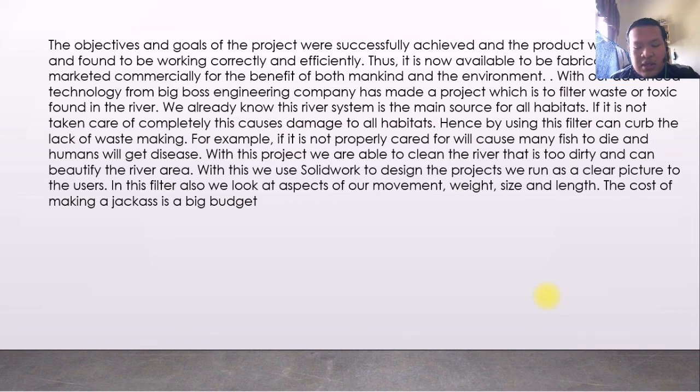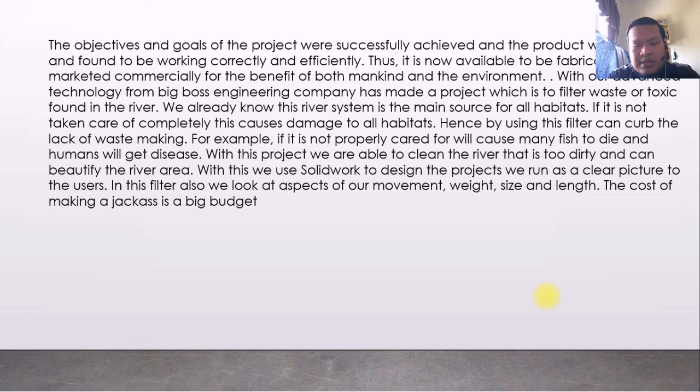We already know this river system is the main source for habitat. If it is not taken care of completely, this causes damage to our habitats. Hence, by using this filter we can cut the spread of the waste.